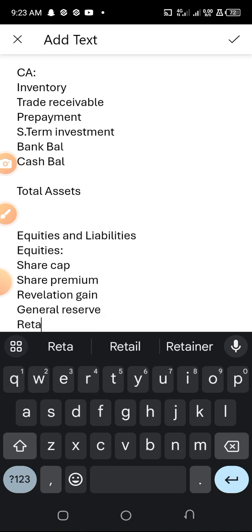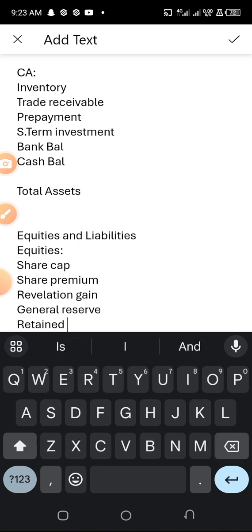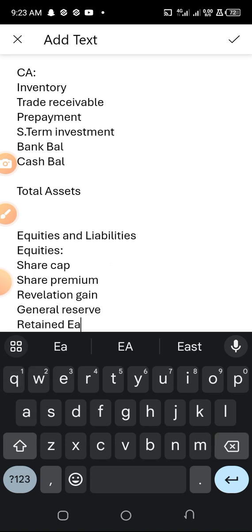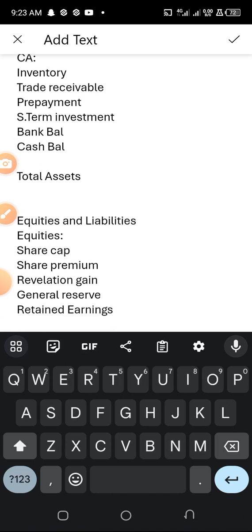Then the next one is retained earnings. Retained earnings are earnings after dividend has been paid, or if no dividend is paid, your net profit after tax before other comprehensive income.